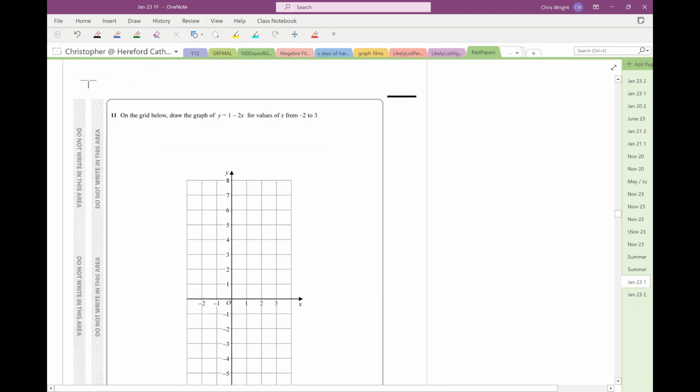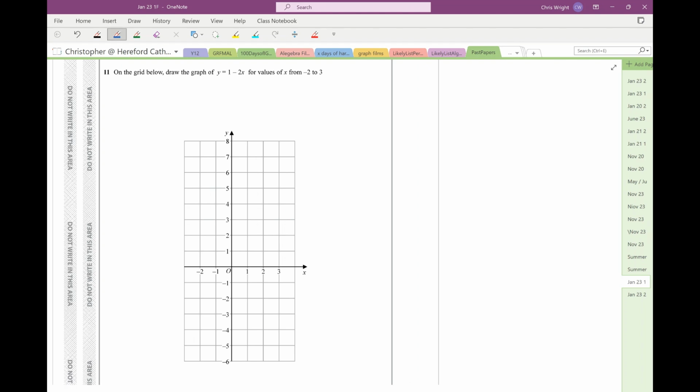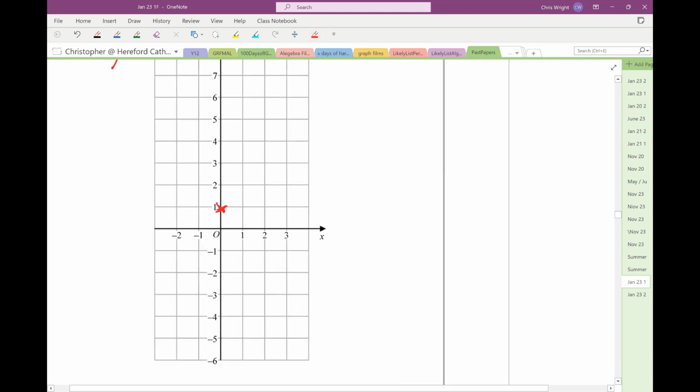Question 11. On the grid below, draw this graph. Here it is. It's y equals 1 minus 2x. Well, I know the gradient is the coefficient on the x, so that's my gradient. And I know the y-intercept is that number there. So this graph crosses at 1, and it has a gradient of minus 2.